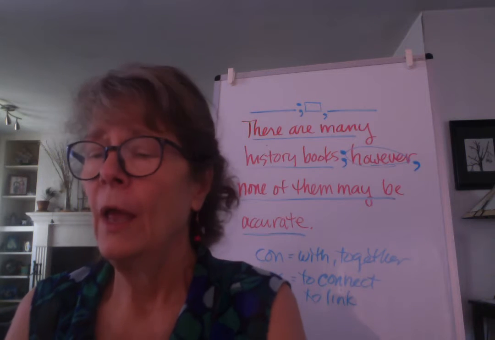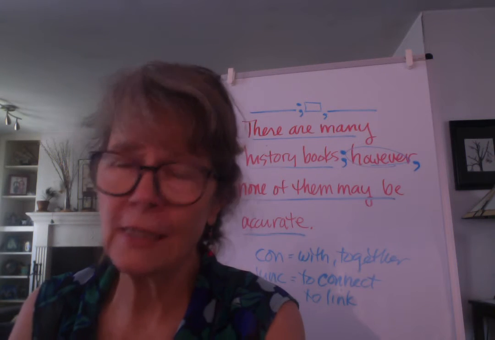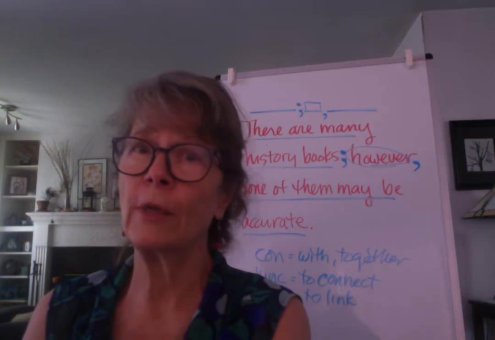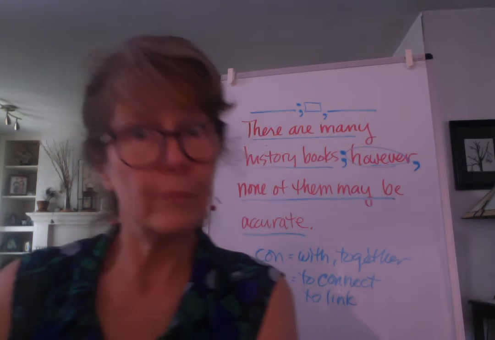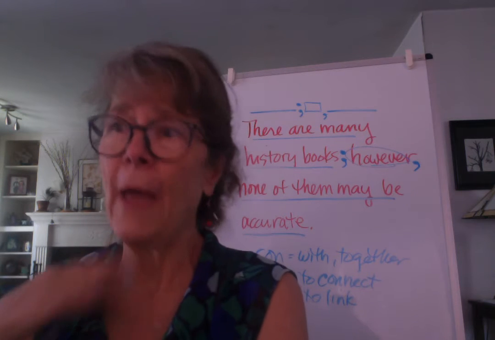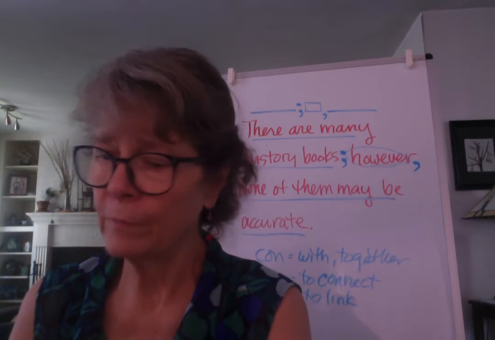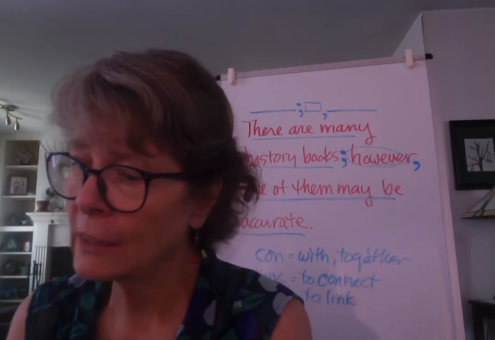All right? That's the main thing I want us to think about, the punctuation rule, not so much what the words mean. So don't feel bad if we're not really comfortable with what the words mean at this point. Okay, so let's look at the practice.